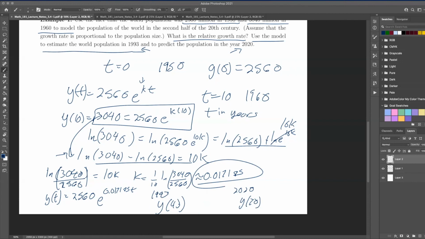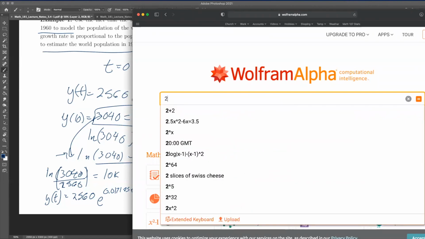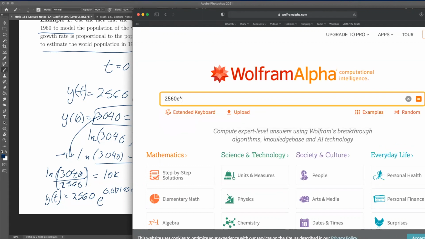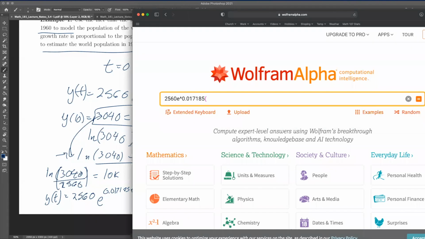So let's just open up Wolfram Alpha. e to the 0.017185, and then here we're going to type in 43 for the first one.